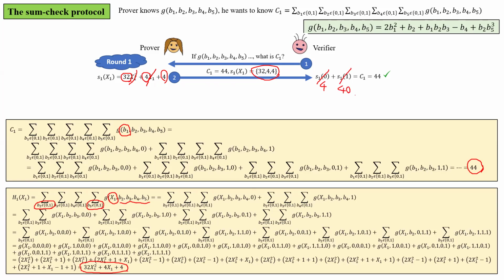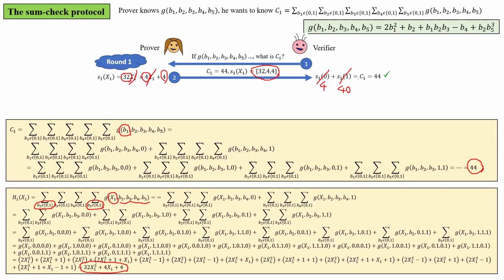And we see that this equation is correct: s1(0) plus s1(1) should be equal to C1, which is the required summation. So this means that the first check is approved, but this is not enough. We need to go for the next round.